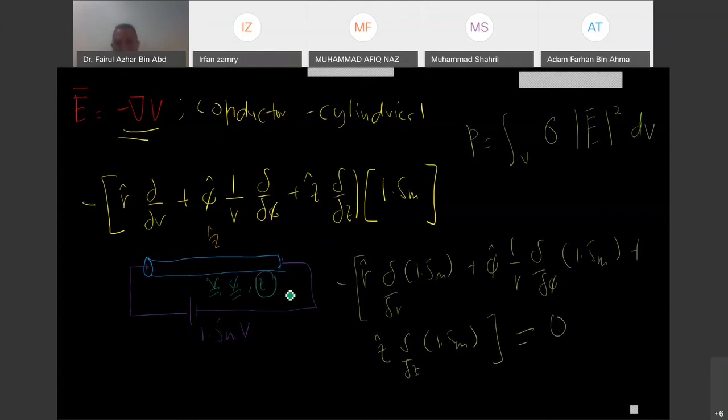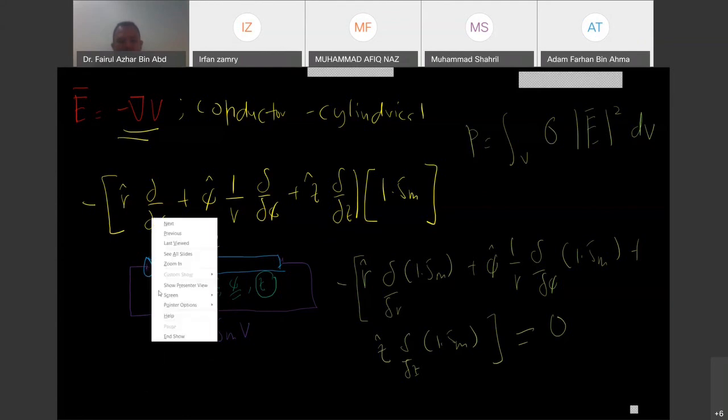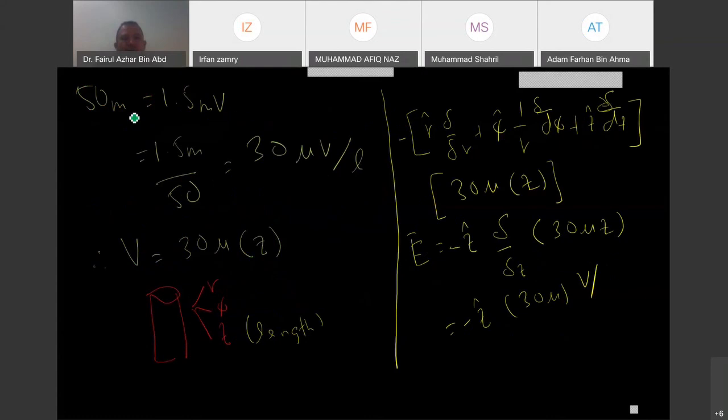That's why I make this step. In 50 meters, the potential difference is equal to 1.5 millivolt.